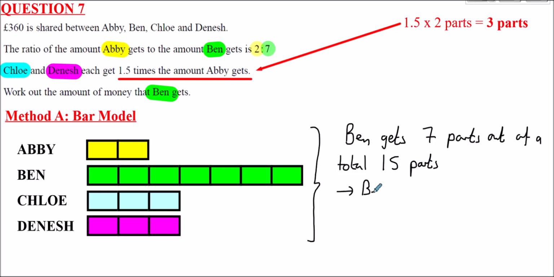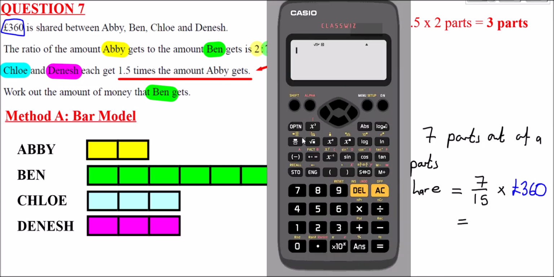So Ben's share, if he gets 7 parts out of 15, he gets 7/15ths of the total amount of money, which is 360. So Ben must get 7/15ths, 7 parts out of the total 15 parts of the £360, which we can work out using our calculating device, otherwise known as a calculator.